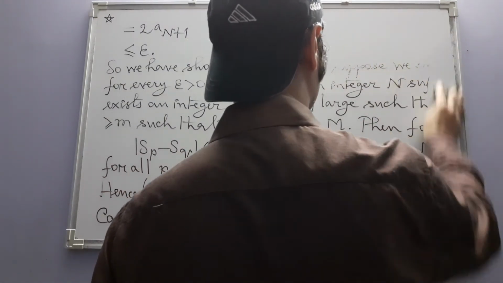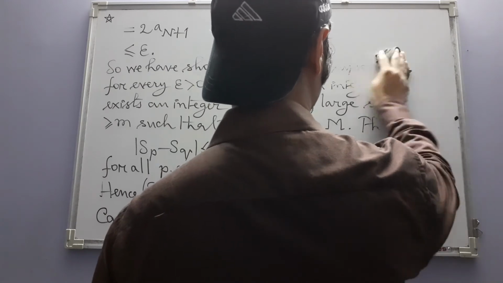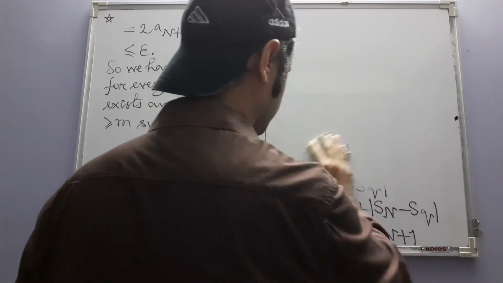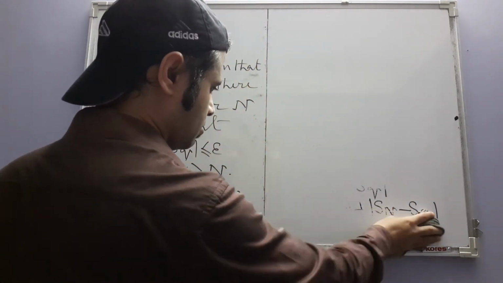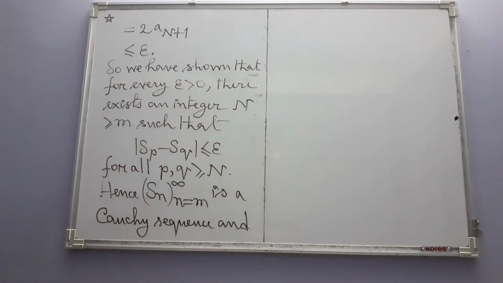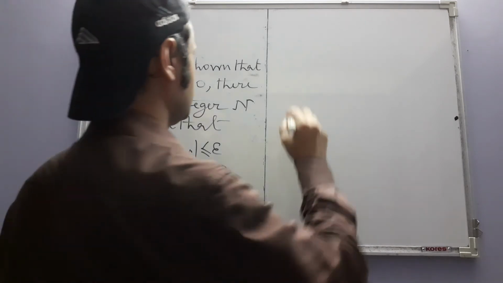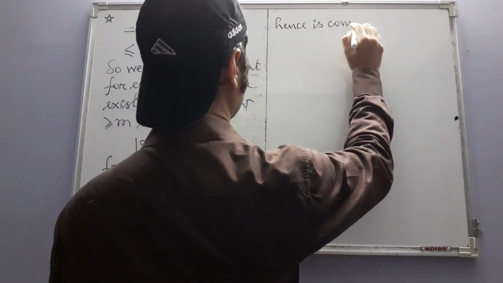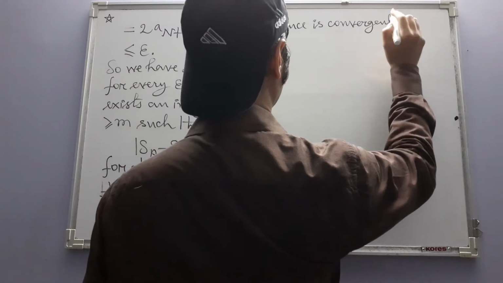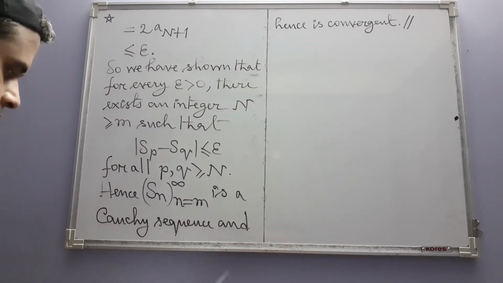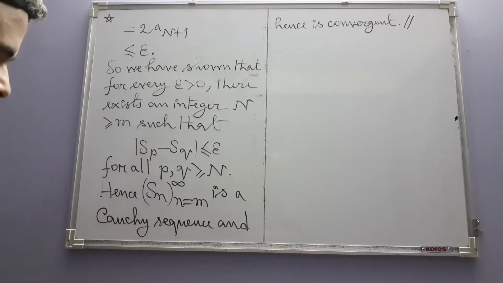So that is the second half, and this completes the proof. And hence is convergent, and that's it. So that is our alternating series test.